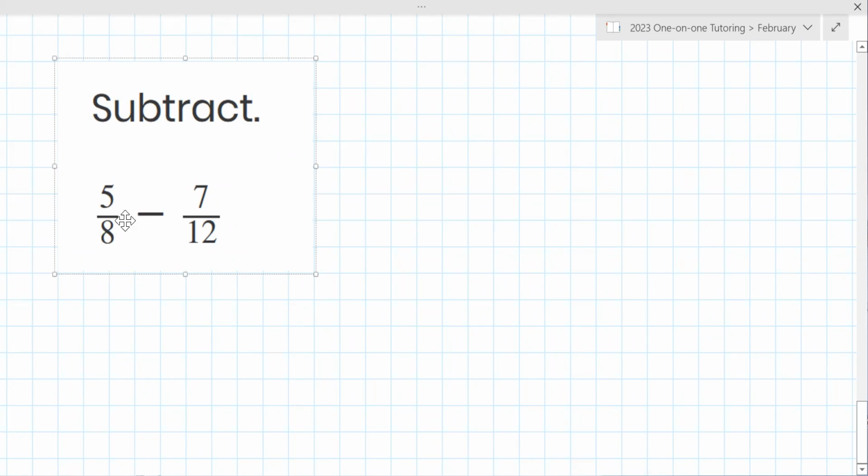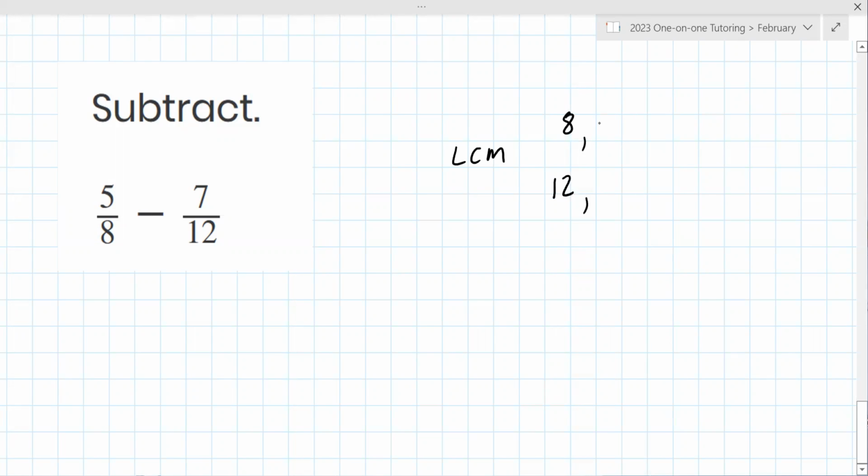There's no way to go from 8 to 12. You multiply by 1, that's 8. Multiply 8 by 2, that's 16. So we could multiply the 5 and the 8 by the 12 and the 7 and the 12 by the 8, but that's going to make the numbers pretty large. Okay, so the other option is to find the least common multiple between 8 and 12.